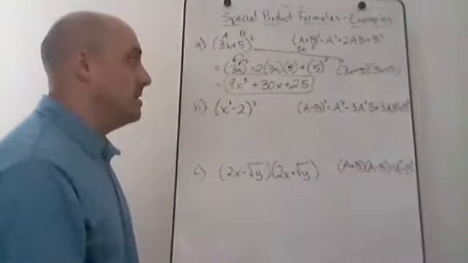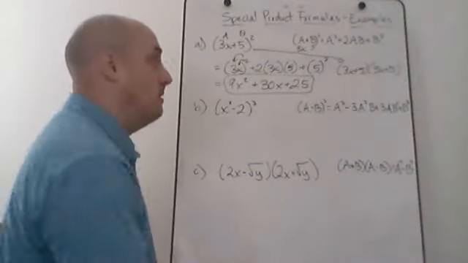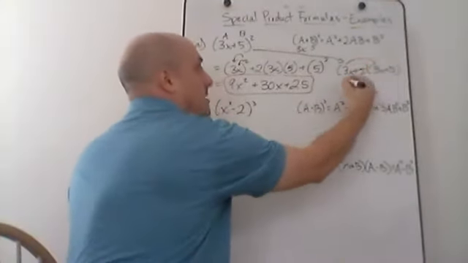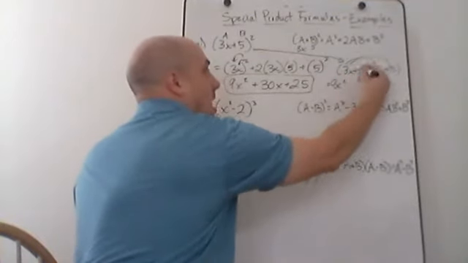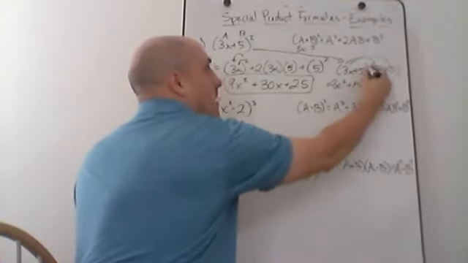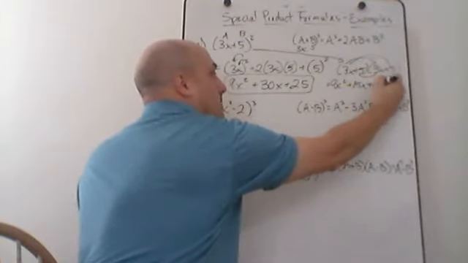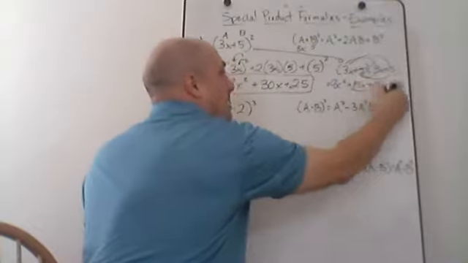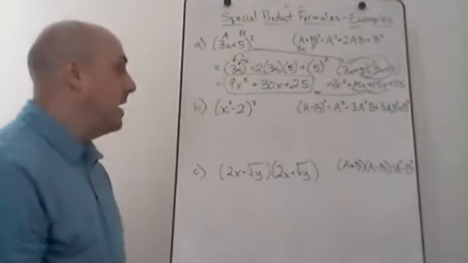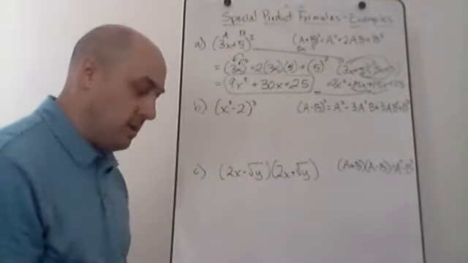I have that parentheses squared, and then just multiply that out. If you do the FOIL method, 3x times 3x is 9x squared. 3x times 5 is 15x. 5 times 3x is another plus 15x. 5 times 5 is 25. And when you combine those 15x's together, you get 9x squared plus 30x plus 25.